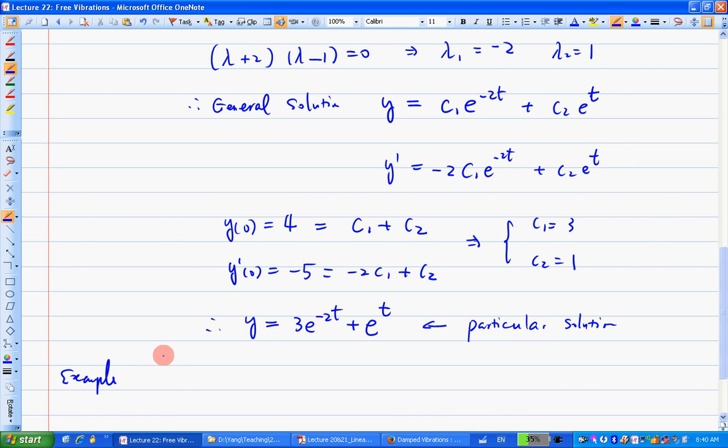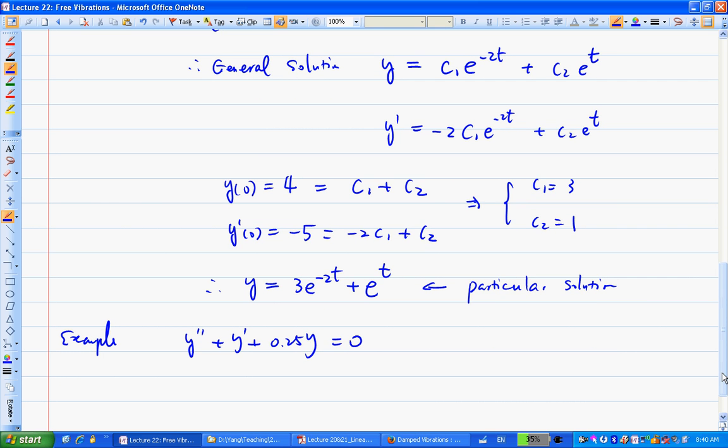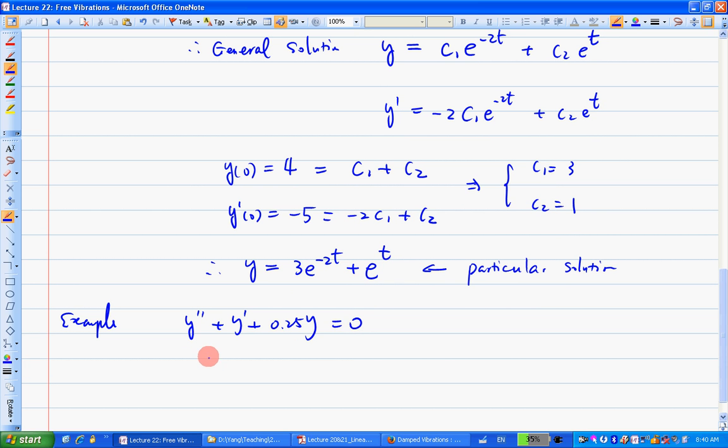So let's take a look at another one here. Y double prime plus y prime plus 0.2 pi y equal to 0. Okay, so in this case here, same thing.